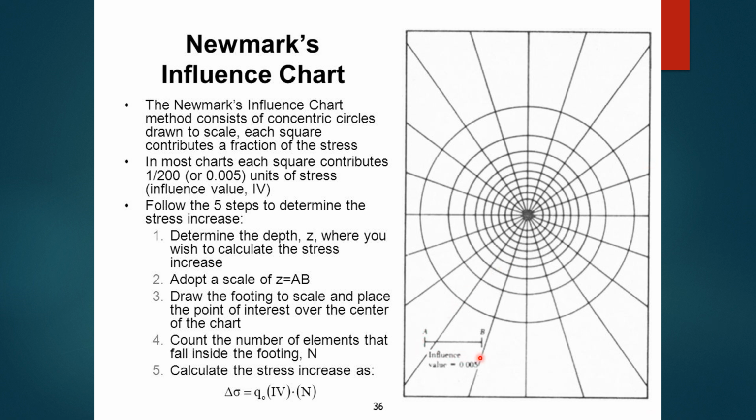The third is to draw the footing to scale and place the point of interest over the center of the chart, then count the number of elements that fall inside the footing.